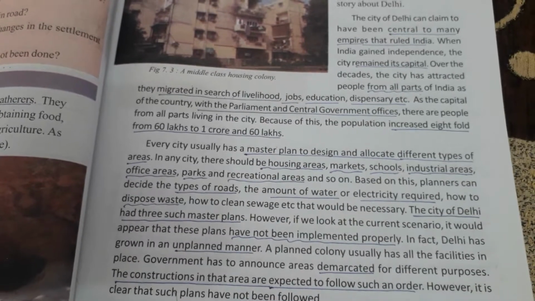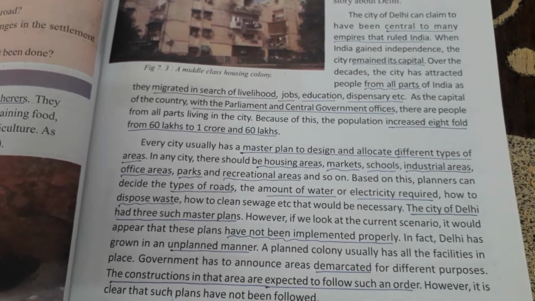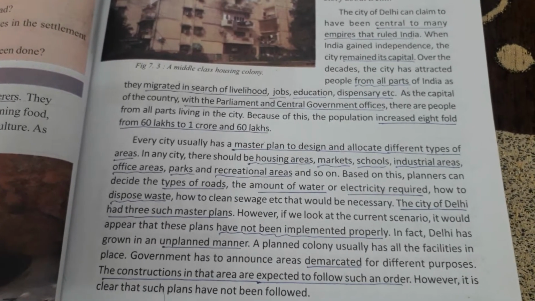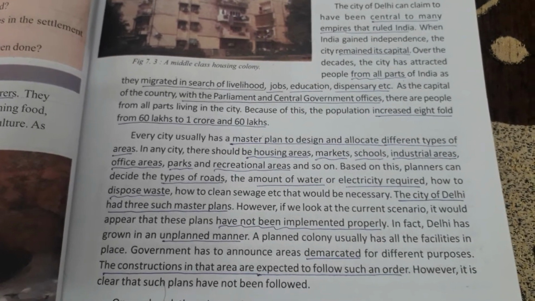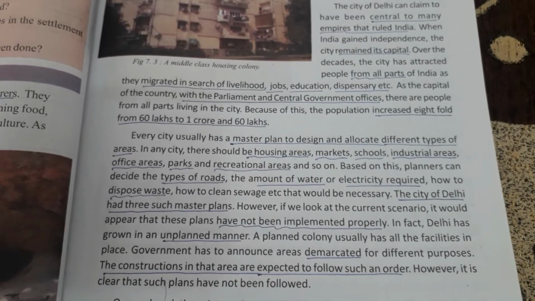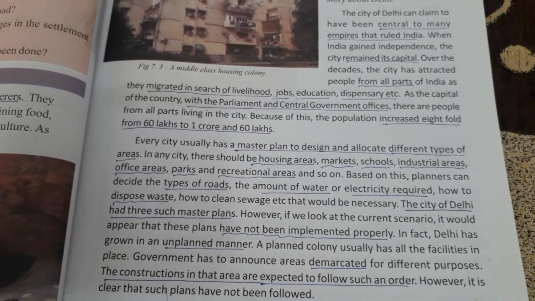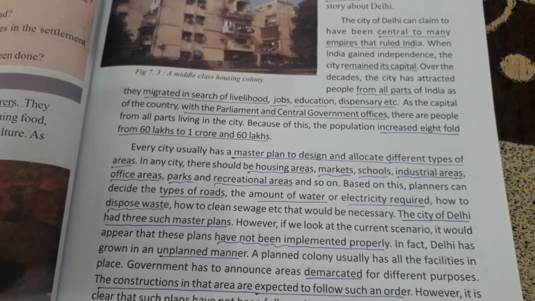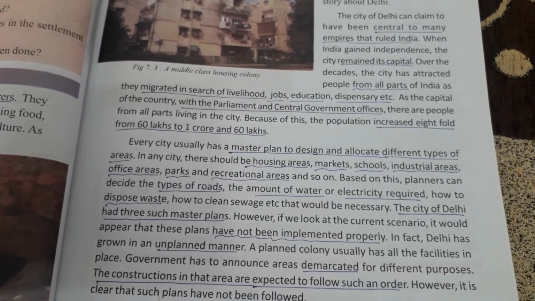But even so, if you see the current scenario, it would appear that these plans have not been implemented properly. So they had master plans, but those were not implemented properly. So now Delhi is unmanageable. In fact, Delhi has grown in an unplanned manner.